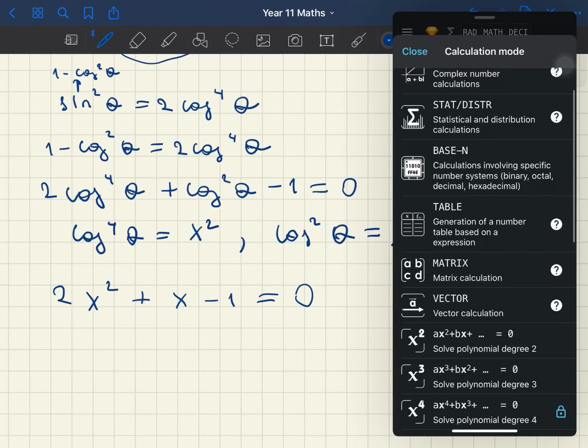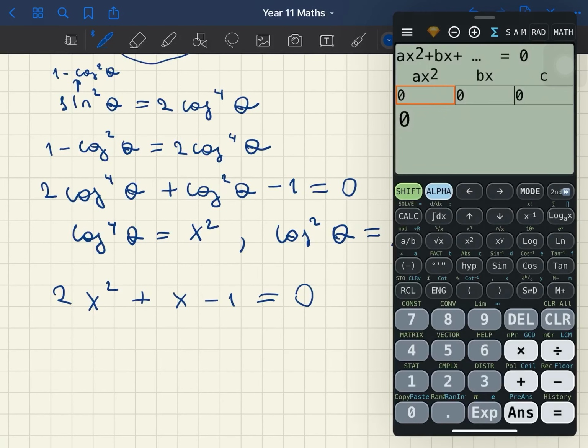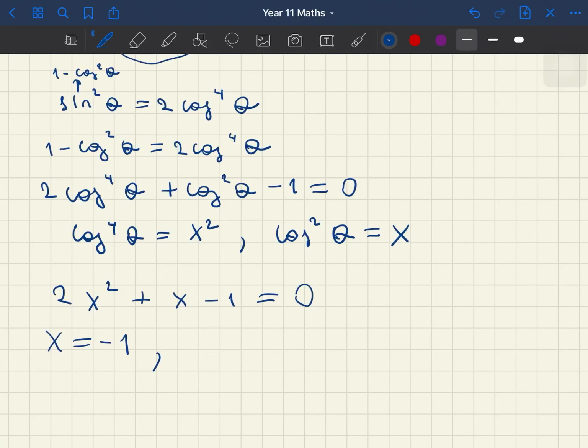But again, maybe on your calculator there is also a quadratic equation solver. Anyway, there is a formula for solving quadratic equations. So x equals -1, and then x equals 0.5.